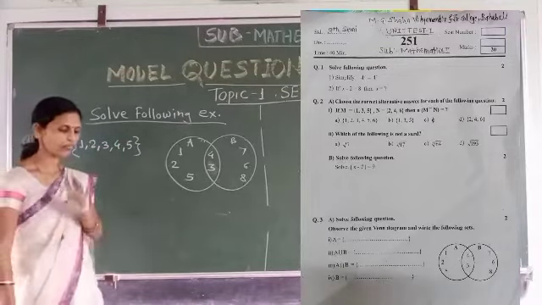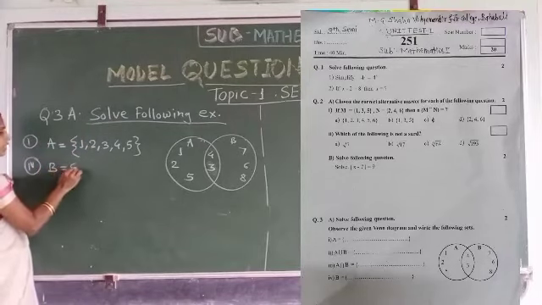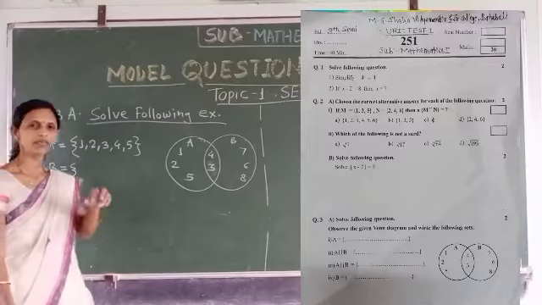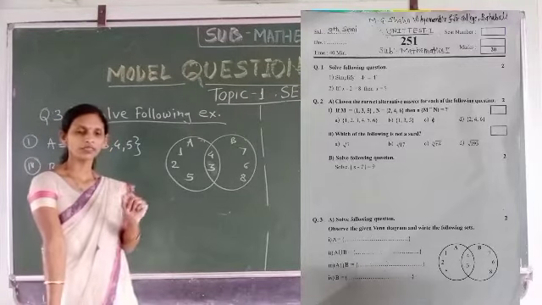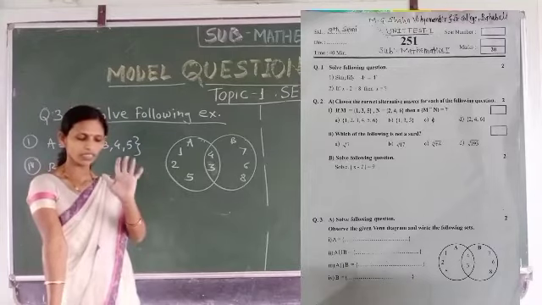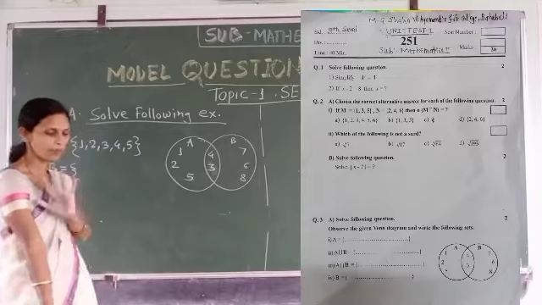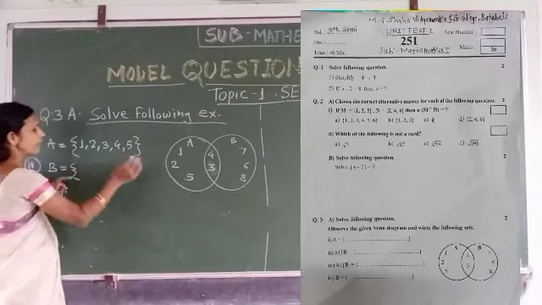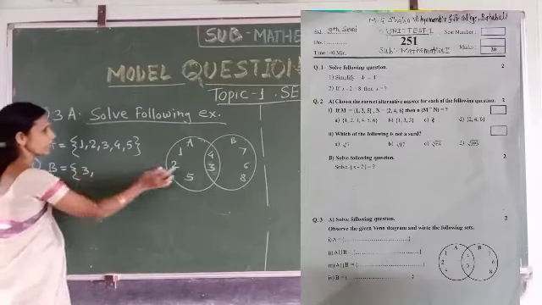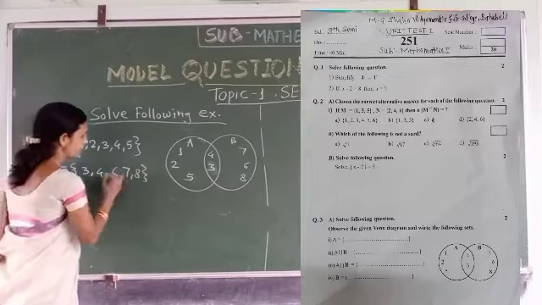Then we write the fourth option, that is set B. Then we can write the examples given in the second and third options, that is A union B as well as A intersection B. For set B, see here the members given are 3, 4, 6, 7 and 8.